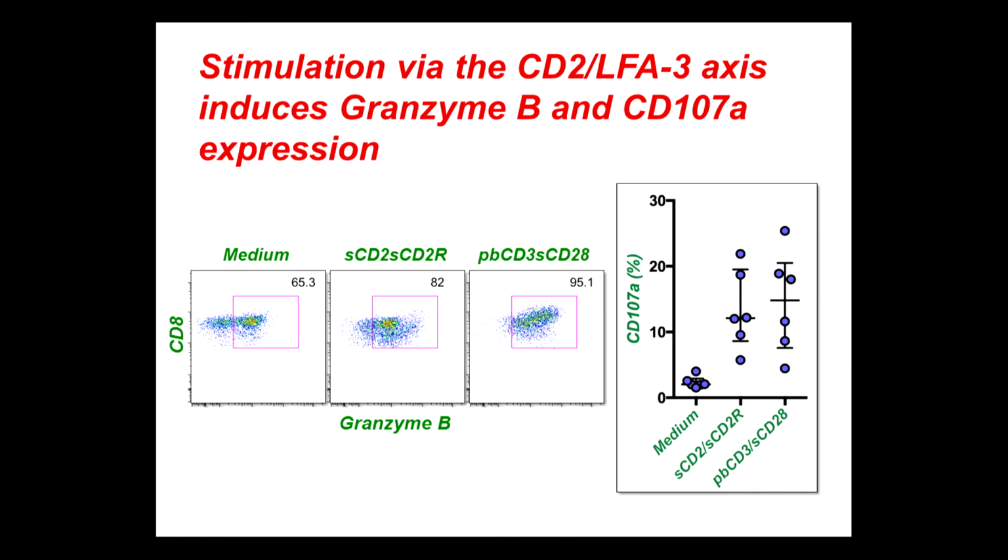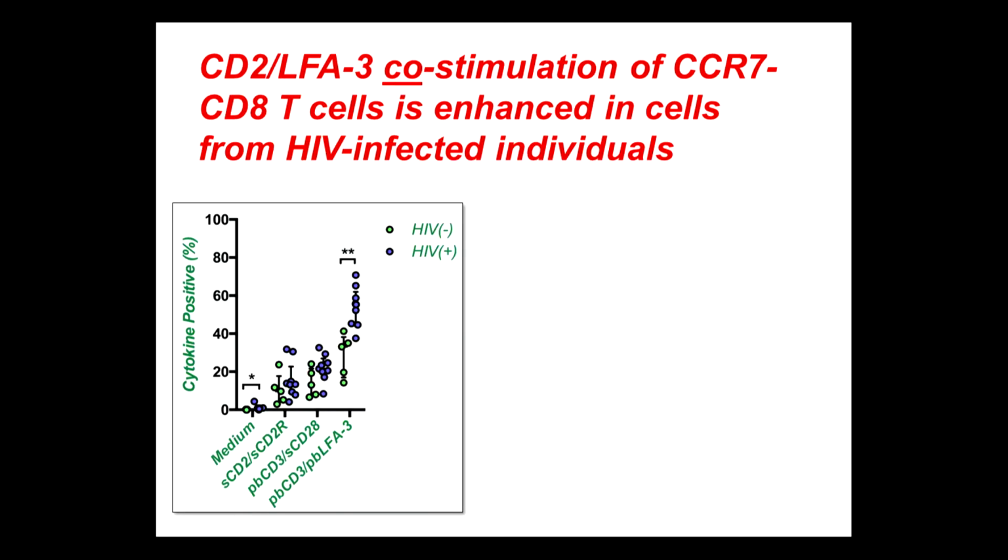Not only can you elaborate cytokines with CD2 stimulation, but by stimulation via the CD2 LFA3 axis, you can elaborate cytolytic molecules such as granzyme B as well as perforin. I'm showing you the granzyme B data here. And even more compelling is the observation that among HIV-infected people, the degree to which those cells will respond to LFA3 stimulation is greater than that seen in HIV-negative individuals. The HIV positives are in blue, the HIV negatives are in green.